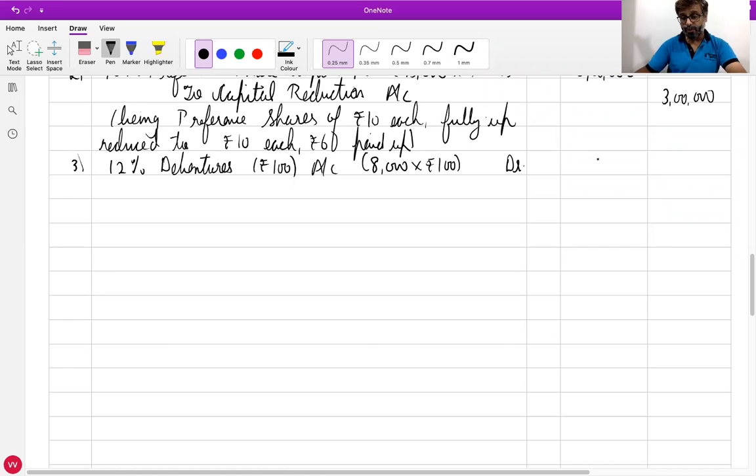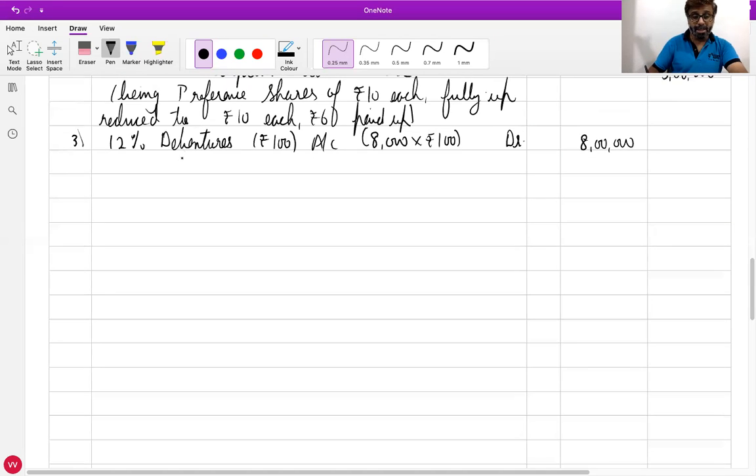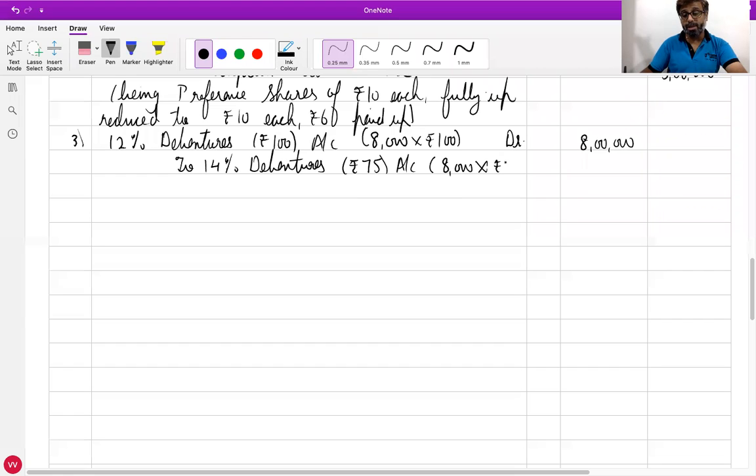So 8 lakhs. Further, To 14% debentures, rupees 75 account. Instead of 12%, we will write 14% debentures, and in bracket, the new face value rupees 75 account. What amount? 8,000 into 75 rupees, that is 6 lakhs.